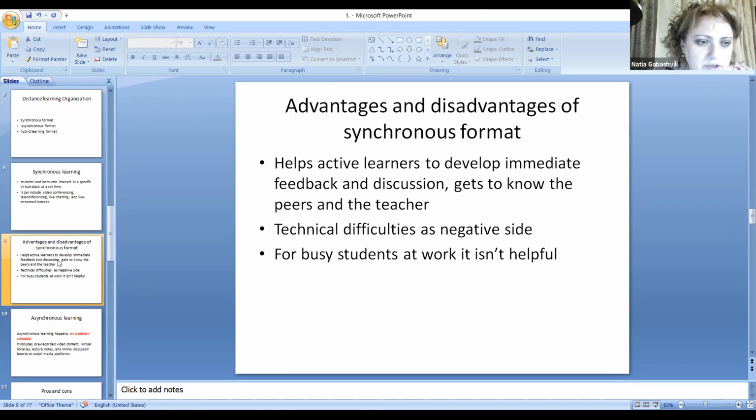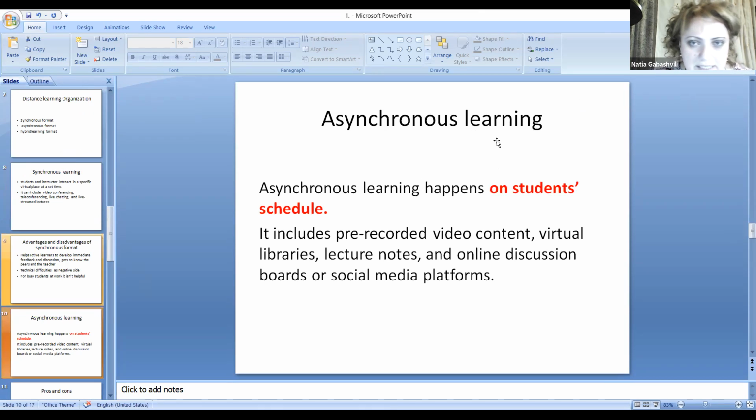Let's move to the asynchronous organizational form in distance learning. So asynchronous learning happens on the students' schedule. During the course of study, the instructor or program will provide materials for reading, lectures for reviewing, assignments for completing, and exams for evaluation, and learners can access and satisfy these requirements on their own schedule, so long as they meet the expected deadlines and guidelines.